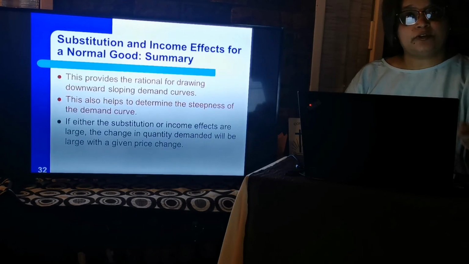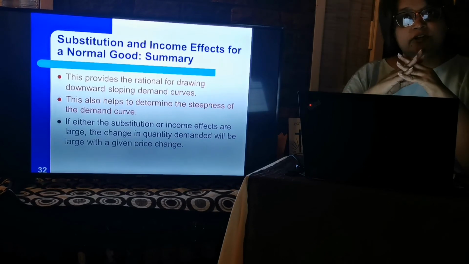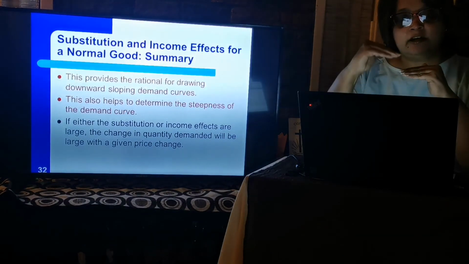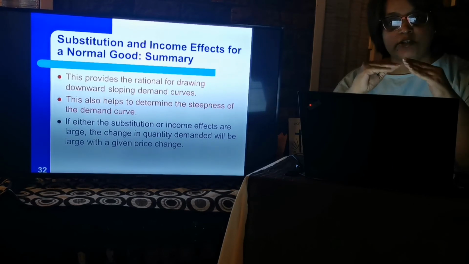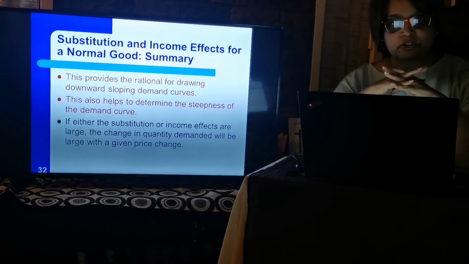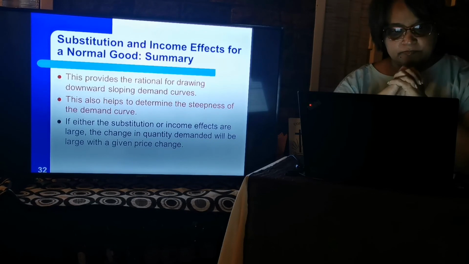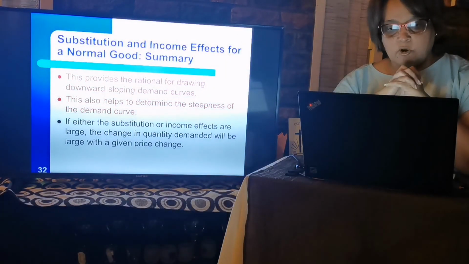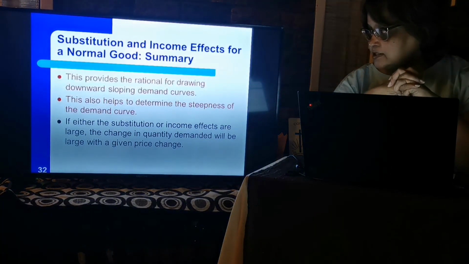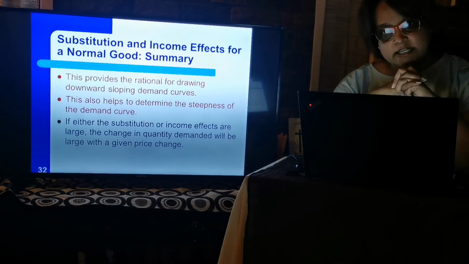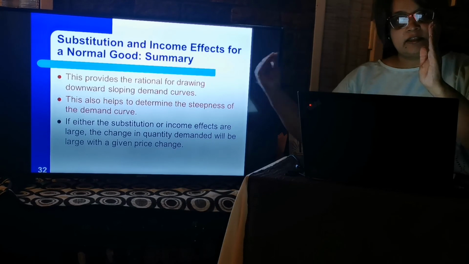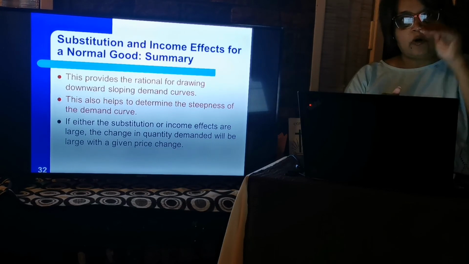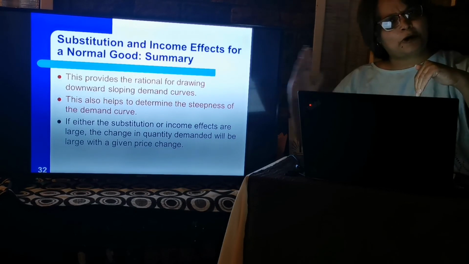It's actually very good that this is a follow-up on the previous video, because now we can underpin and underscore what we've said about normal goods, inferior goods, luxury goods, and necessities. Consolidating more, this provides the rationale for drawing downward sloping demand curves, because as the price increases, the demand will decrease, or as the price decreases, you want to buy more.